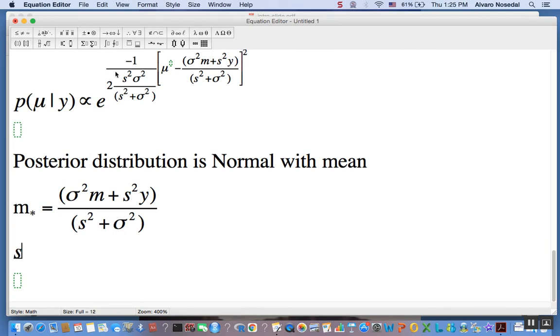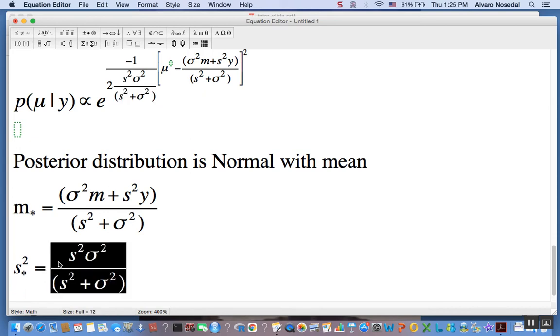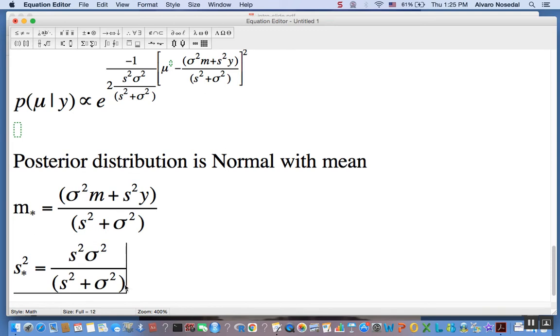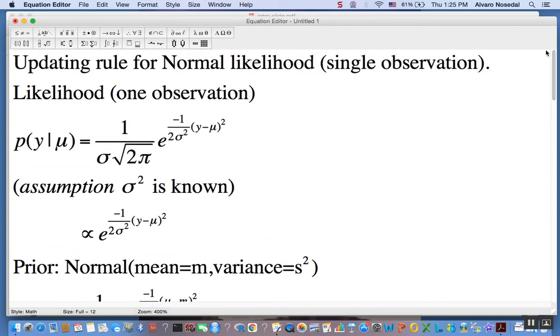And s star squared, the posterior variance, would be this guy: s squared times sigma squared divided by s squared plus sigma squared. Make sense? Just by comparing the PDF of a normal with our expression for the posterior.